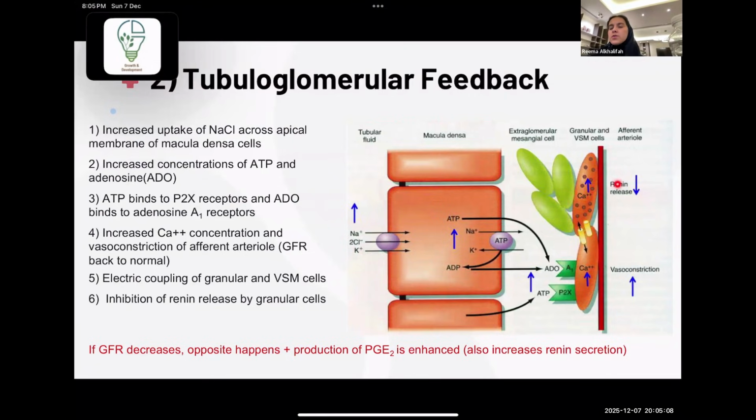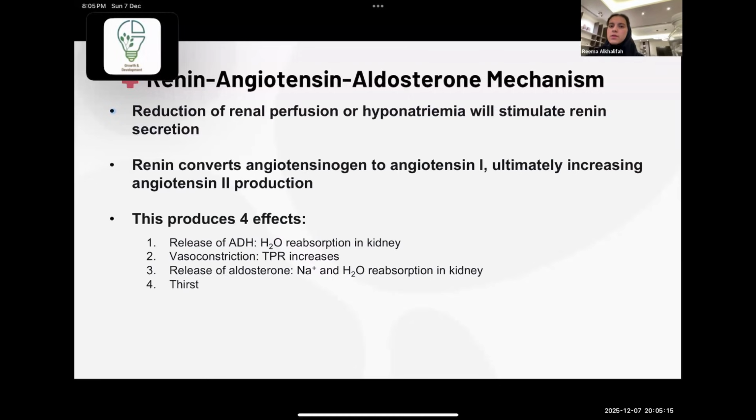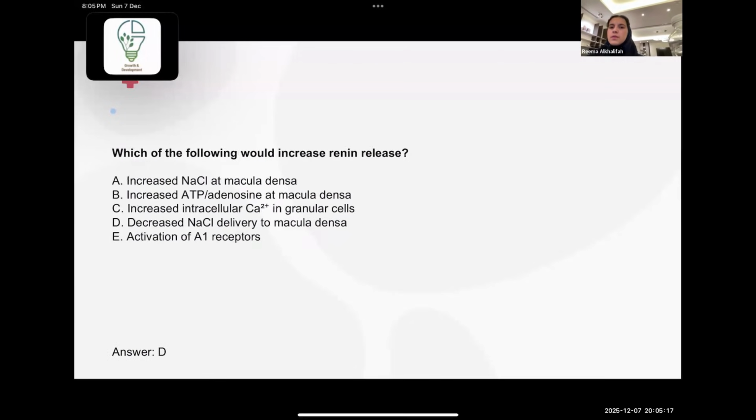So we're trying to decrease renin secretion in order to bring blood pressure back to normal. Here, see, we asked for what would increase renin release. The increased levels of sodium and chloride in the macula densa will decrease the secretion levels of renin.